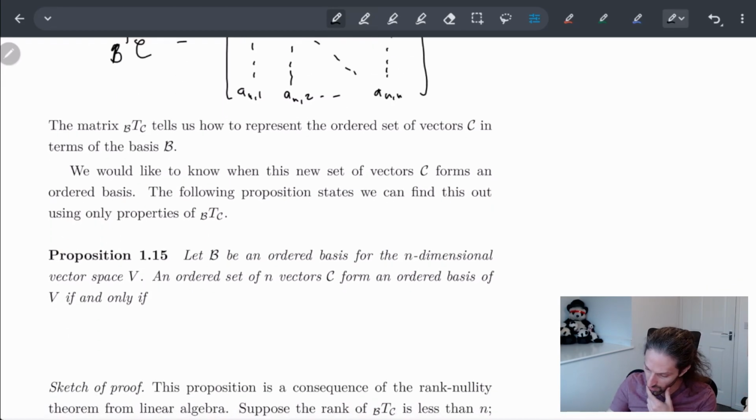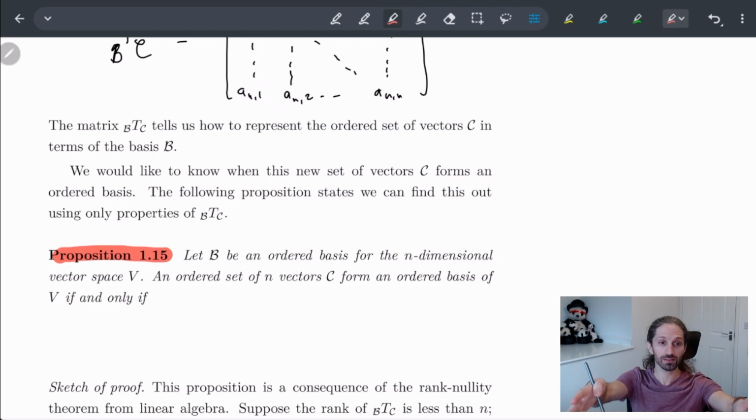And this comes from the following proposition. Proposition 115, which basically says if I start off with an ordered basis B, and I look at this matrix, then C forms an ordered basis on V if and only if this matrix has rank n.